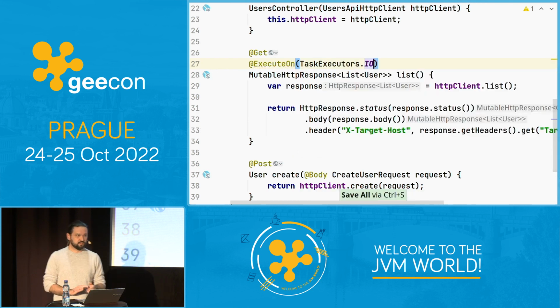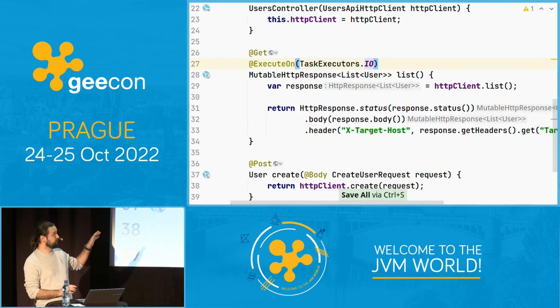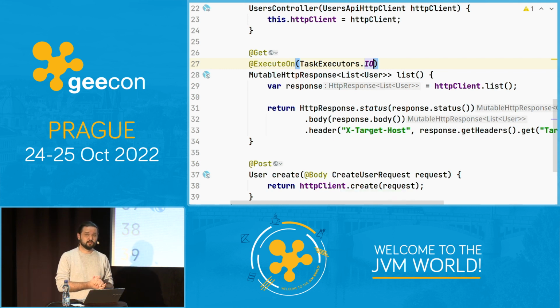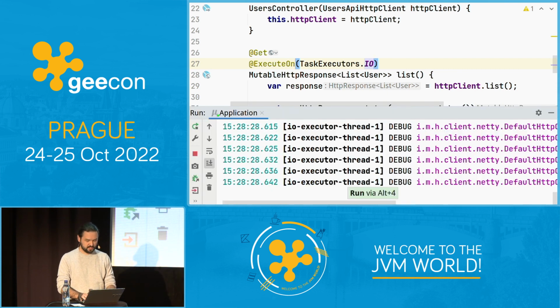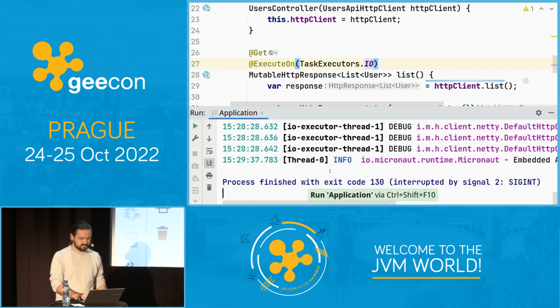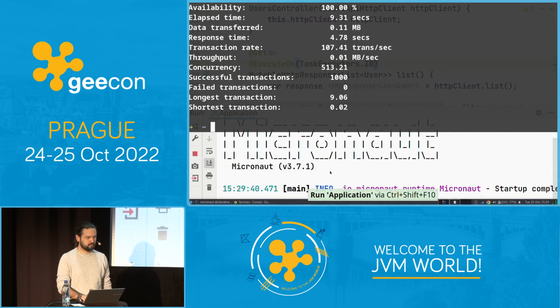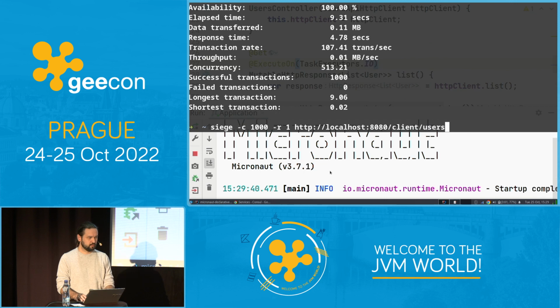So in this case, we will now be non-blocking, because the body of this method will be executed on the IO thread pool, and our event loop that handles incoming requests will be ready to handle other incoming connections. So if we restart this application, we will see much better results, I hope.